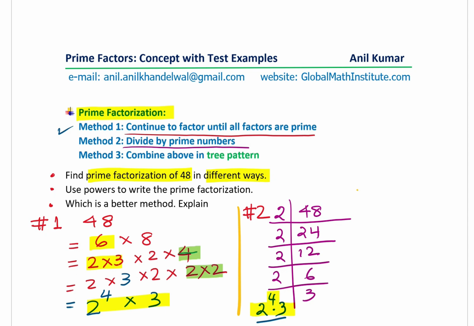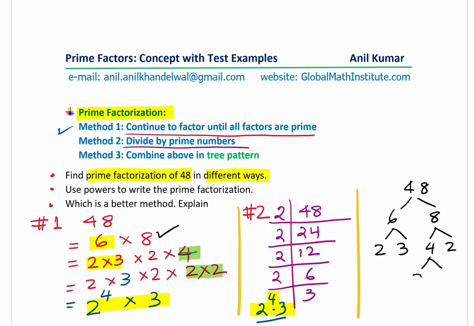Now let's look into the third method, a combination of these two. Here we'll begin with the number 48 and we'll branch off as we did earlier. We could write 6 times 8 and then branch off and write 2 times 3, and this as 4 times 2, and this as 2 times 2.